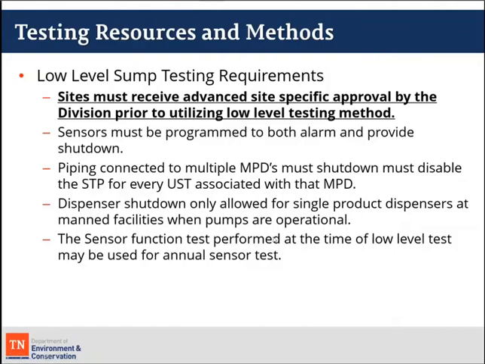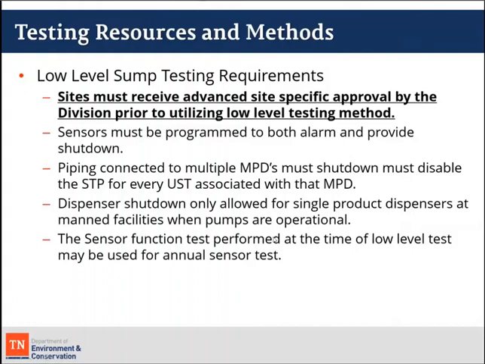reasons. So if a site is allowed to perform this test method, there are additional stipulations that apply that have to be documented and tested during the 3-year test. Most importantly is that the sensors must be programmed to both alarm and provide shutdown.